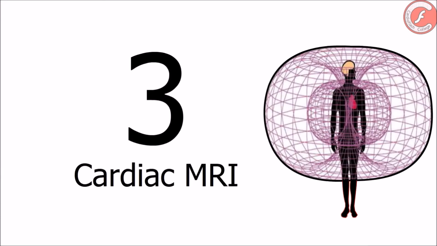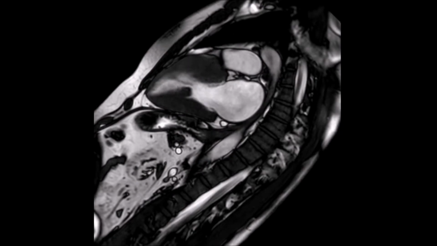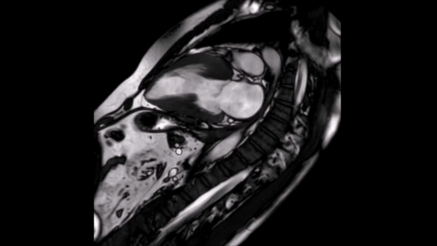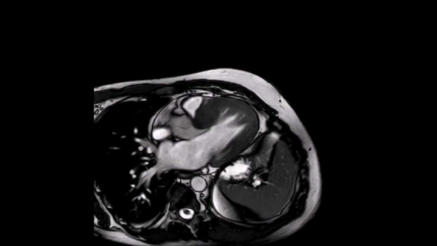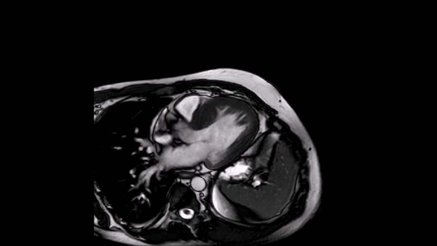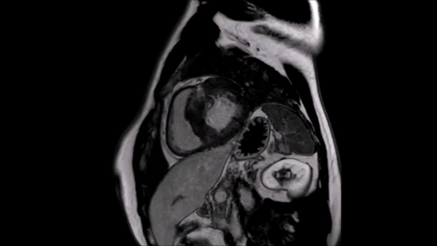Number 3. Cardiac magnetic resonance can accurately characterize the presence and distribution of ventricular hypertrophy. In addition, it allows a better estimate of ventricular thickness in all segments, and a more complete study can be carried out in those patients with a poor echocardiographic window. On the other hand, the detection of late enhancement with the use of gadolinium allows us to identify areas of myocardial fibrosis.